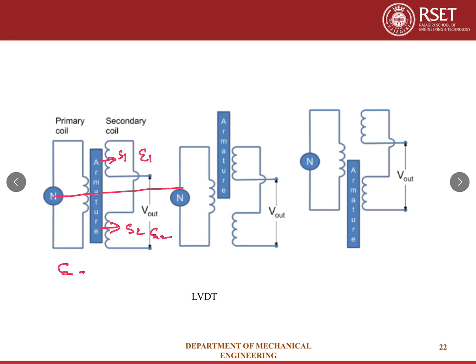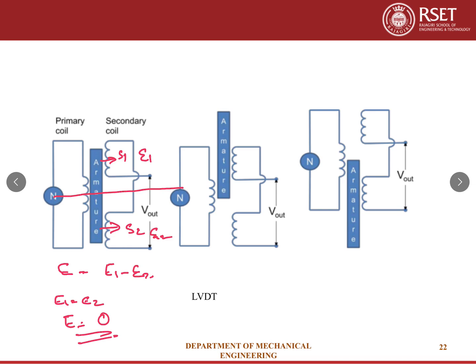The net voltage, measured using a voltmeter across this terminal, is E equal to E1 minus E2. Since the core has equal influence on the two coils, E1 is equal to E2, therefore E is equal to 0. So at the null position, the net voltage is 0 across the output terminal.